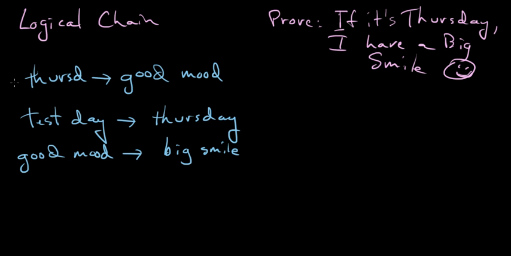Say, what do you do with all this stuff? Well, first of all, you got 3 different statements here, 3 different conditionals in a row. We're going to have to rearrange these conditionals so that they make some sense. And the way we do that is we just look for connections, okay? Like, for example, good mood, and here's another one, Thursday and Thursday. So those are the connections we can make.